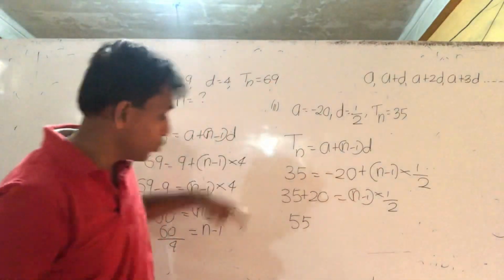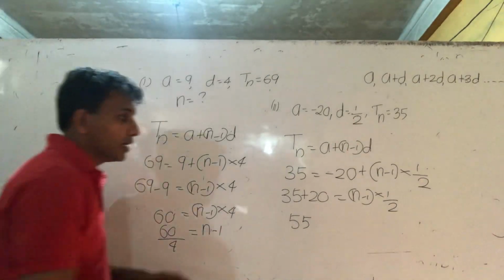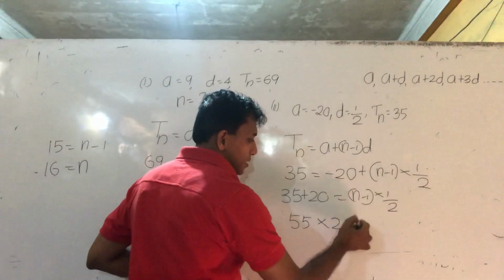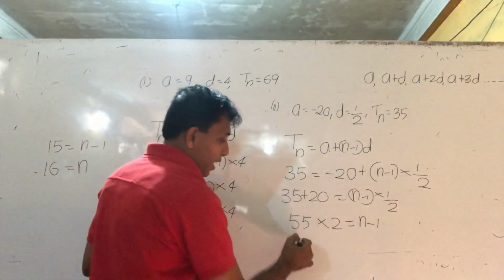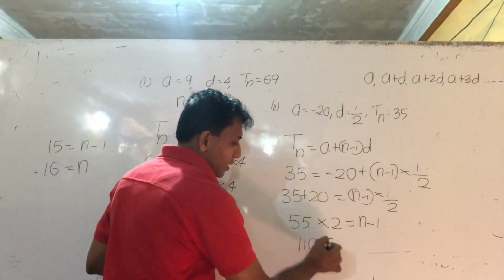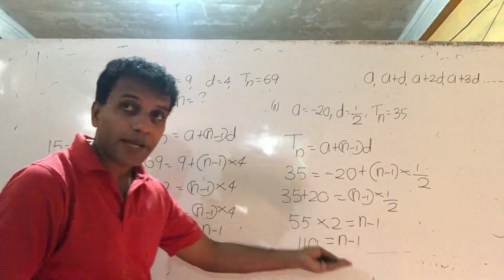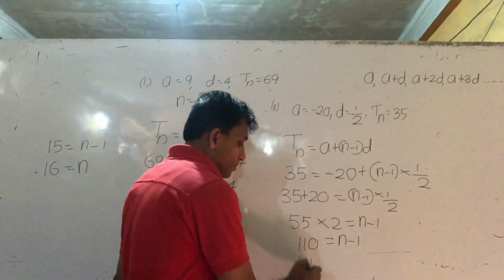Here multiply by 4, that side divide, like that. Divide by 2, multiply by 2 here. So 110 equals n minus 1. Take the minus 1 this side, add 1: 111.